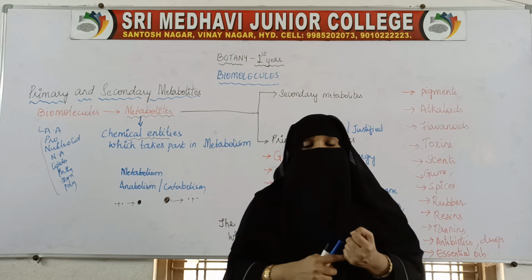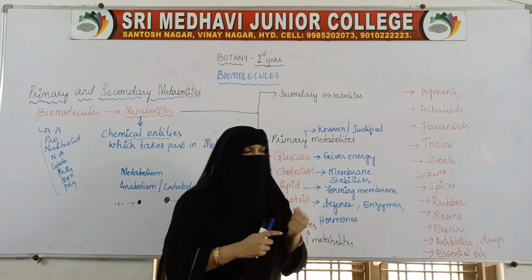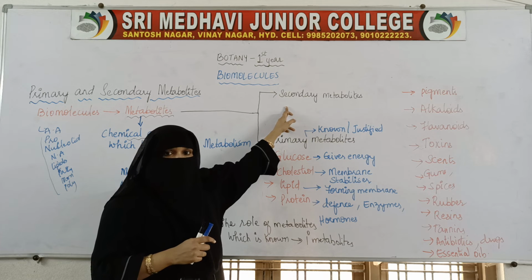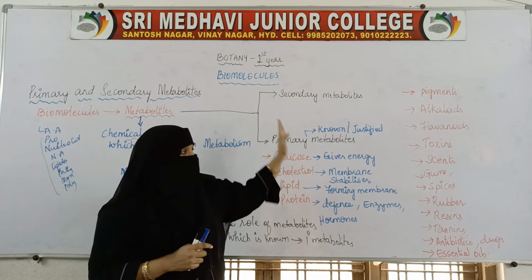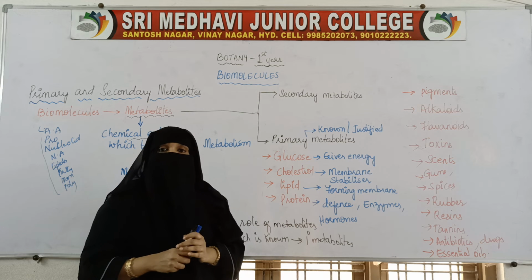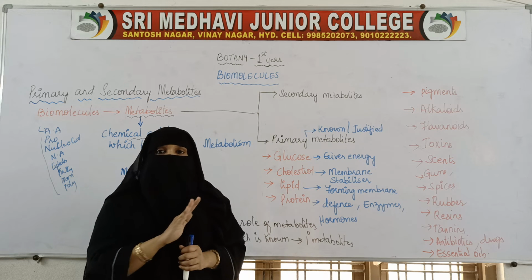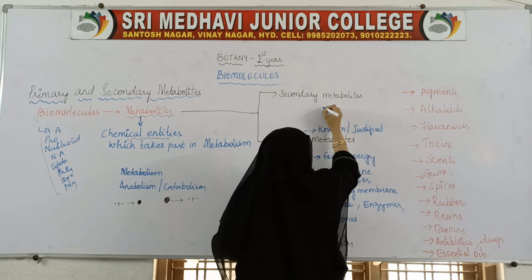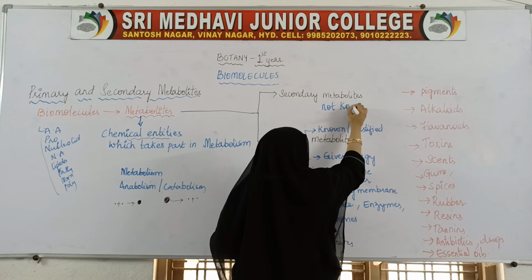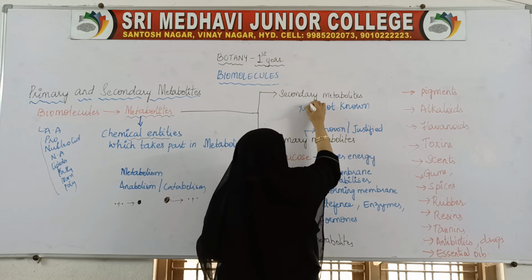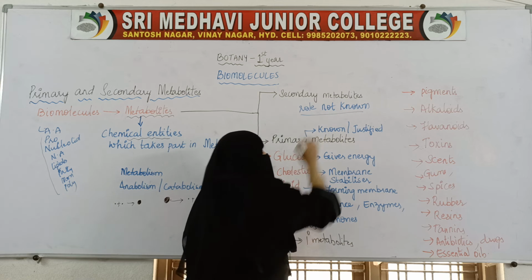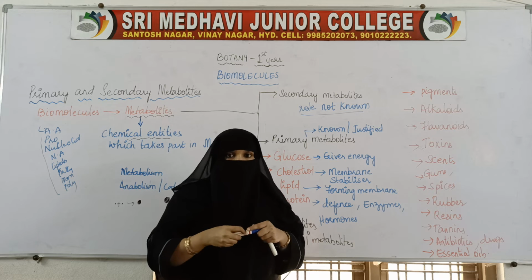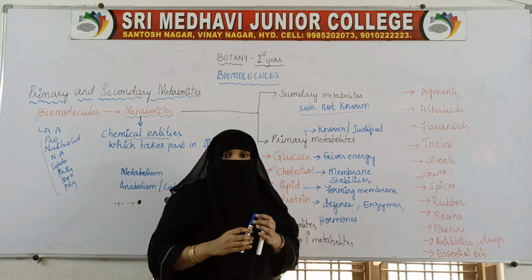Okay, now coming to the second type of metabolite. The second type of metabolite is the secondary metabolite. Here the role of these metabolites is not known. They are produced inside the bodies of only plants.